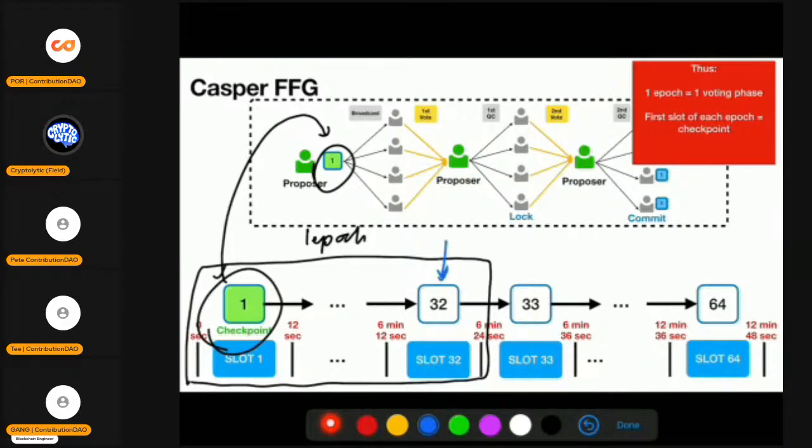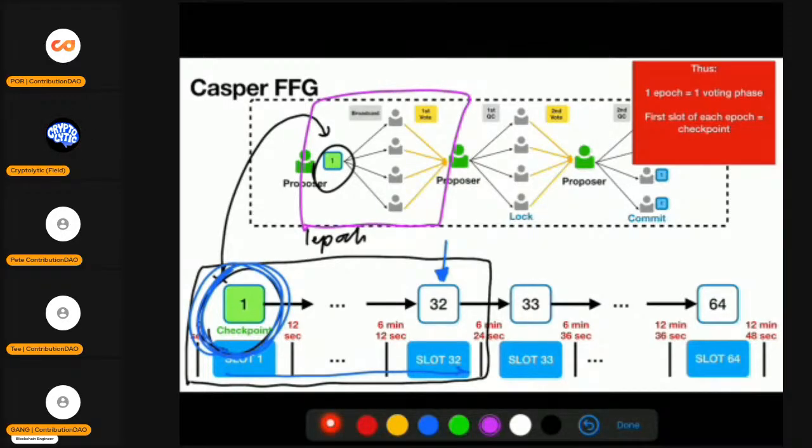At the end of the epoch, this one is going to receive votes from all of the validators here, and it is equivalent to just this first vote.